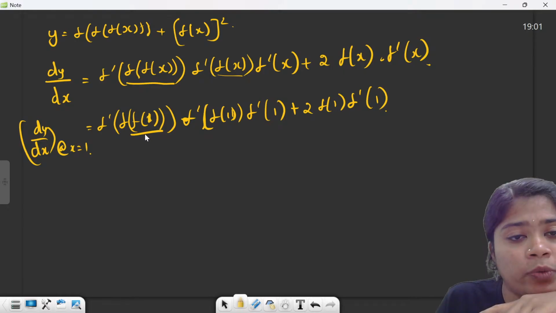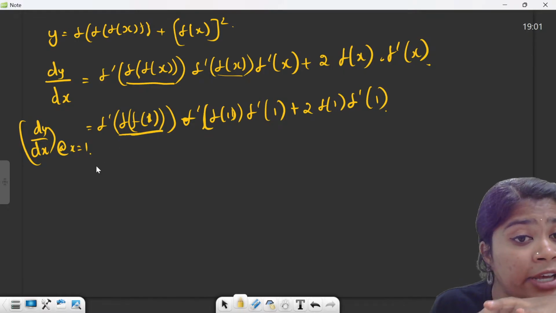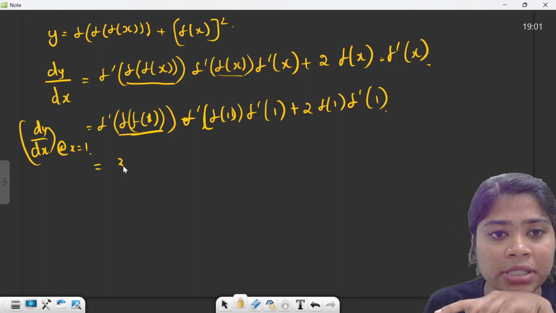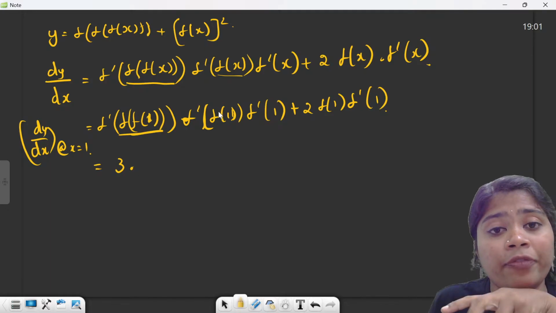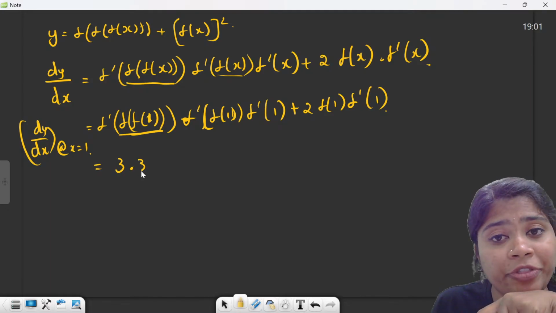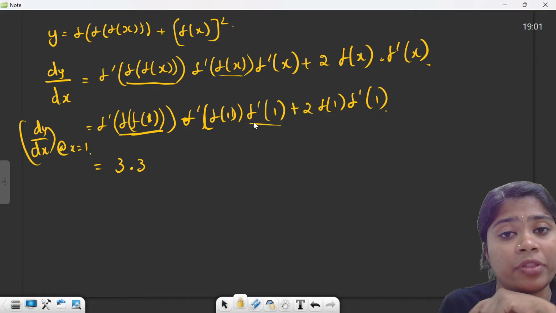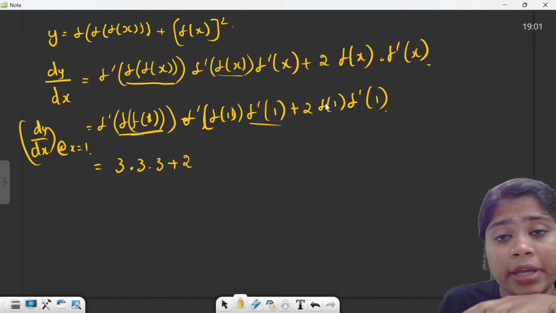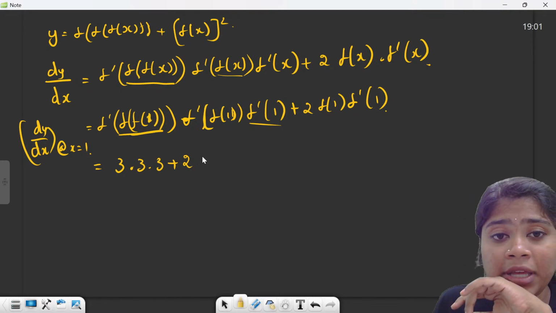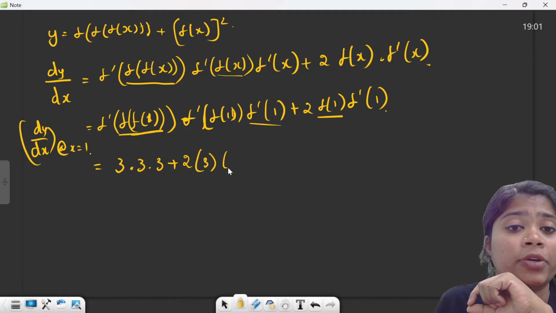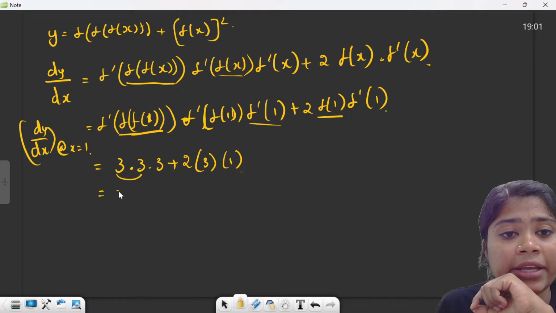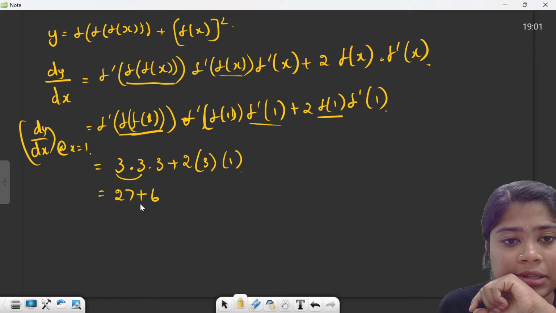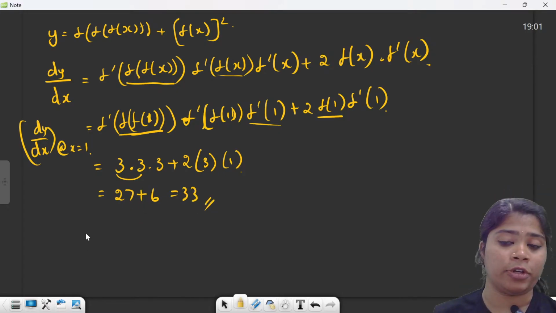So here f of 1 gives 1, and f dash of 1 will be 3, and here also f dash of 1 will be 3, plus 2 into f of 1, which is 1, into f dash of 1, which is 3. 3 3s are 9, 27. 27 plus 6, 33. So 33 is the answer for the question.